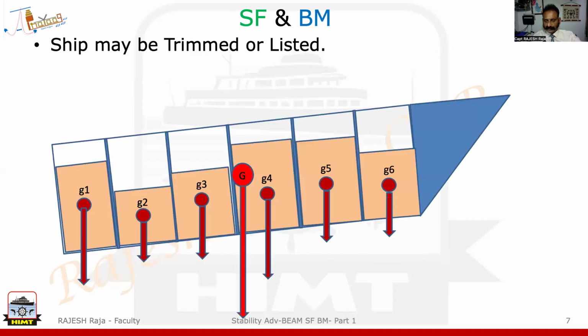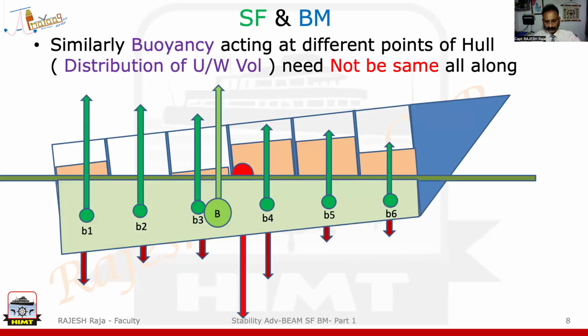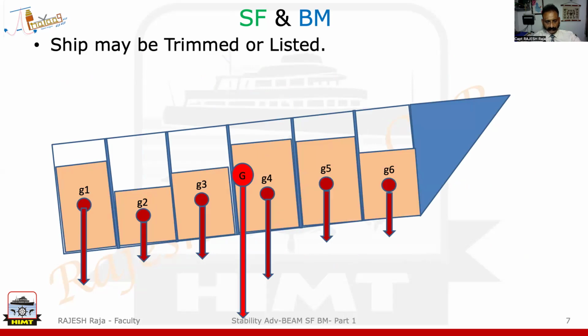Now your vessel can be trimmed or listed also. So I've just shown you a trimmed vessel, trimmed by stern. But the problem is, please look at the underwater volume distribution here. I'll just go back to the previous slide once again. If you look only at the gravity, this is what was the gravity. Please remember the cargo I have shown you is still the same.